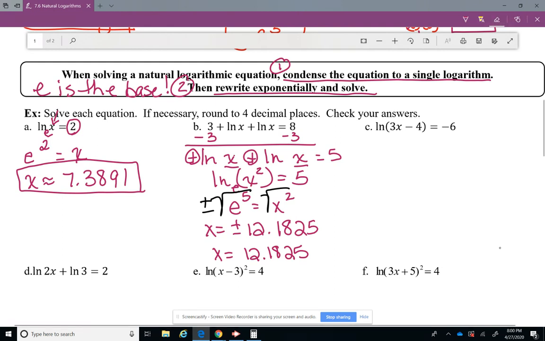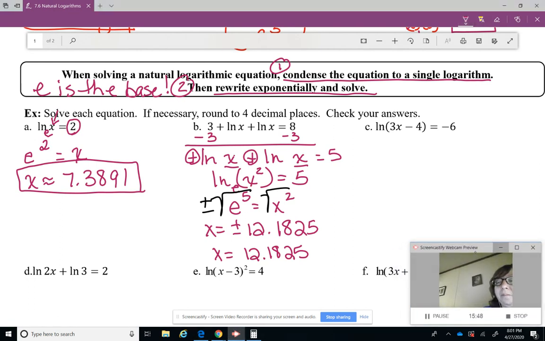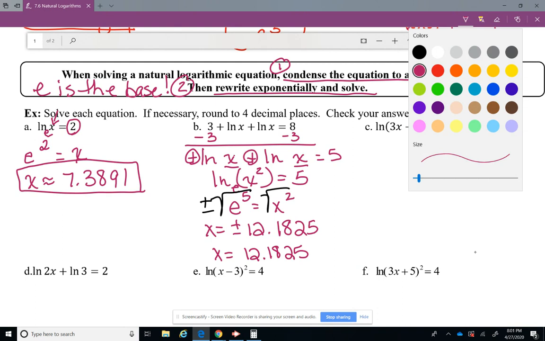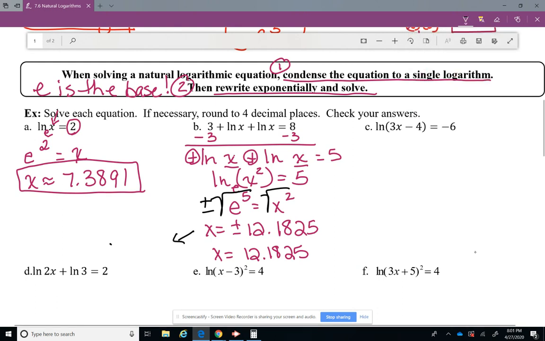So I'm going to say that my extraneous answer is negative 12.1825. That's my extraneous answer. You need to know that it's a solution you came up with, but it's not a solution that can be used because x cannot be a negative number. X has to be greater than 0. Okay. All right, let's move on to the next one.